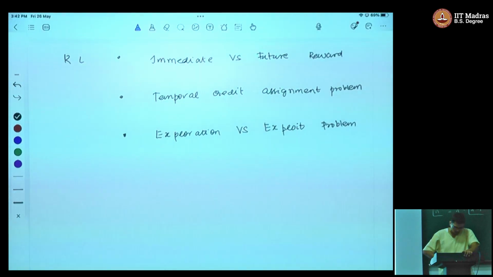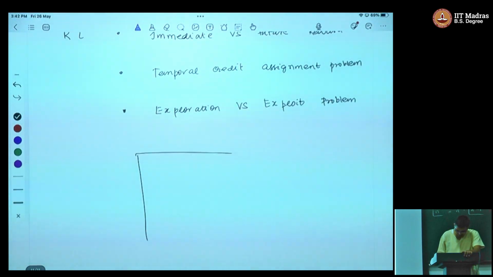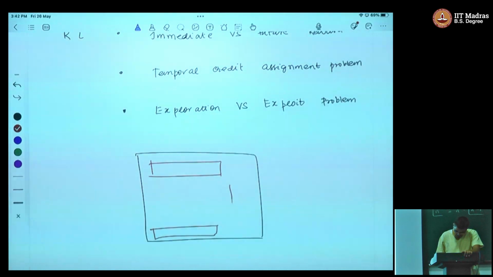Let us take this example. There is a website, and you can place ads. This is one position. Maybe you can place an ad here, maybe here. There are 3 locations where you can place an ad. This is 1, 2 and 3.